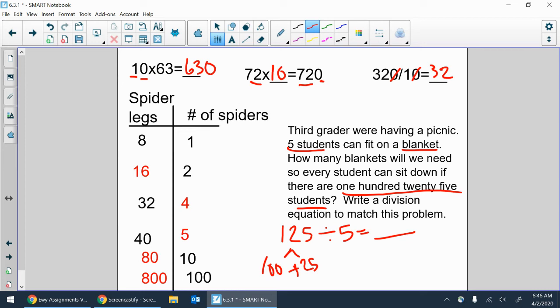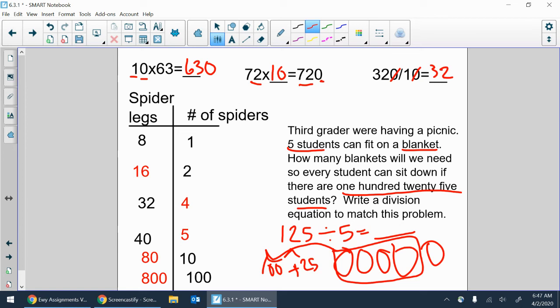I saw it a little differently, and I saw I needed 5 groups. 1, 2, 3, 4, 5. I have 5 groups. How do I split 125 5 times? Well, this just popped into my mind, but if I had 100 and it had to be into 4 groups, that reminds me of quarters.